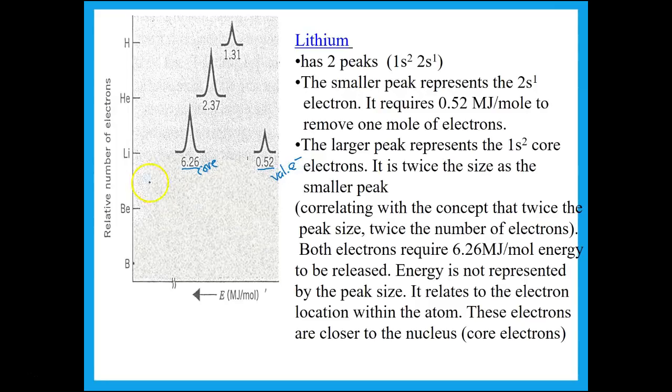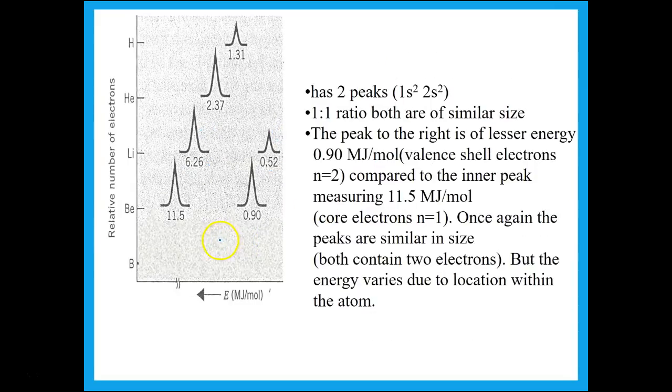Okay? So if we look at that from that perspective, this is going to be the 1s2 electrons, and this is going to be the 2s1 electrons. And we can see that very clearly. Okay, then we get to beryllium. Notice what happens. Beryllium went up, its Z effective increased by 1.